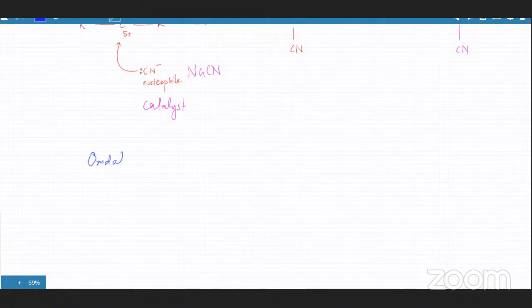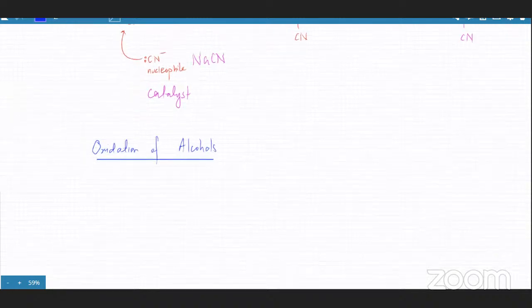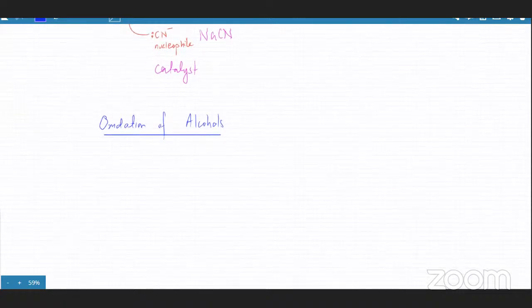So what happens in oxidation of alcohols? There are 3 types of alcohols. They are primary alcohols. You must have some idea what primary alcohols are. In primary alcohols, the alpha carbon that is attached to OH has 2 hydrogens around it and only 1 carbon chain.